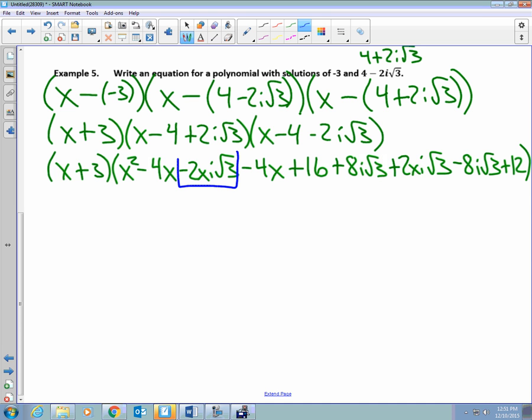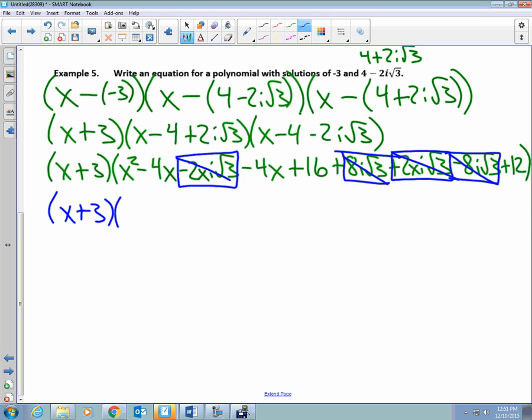So negative 2xi root 3 and positive 2xi root 3, they go away. 8i root 3 and negative 8i root 3 go away. Combine like terms: negative 4x and negative 4x is negative 8x, and positive 16 and positive 12, positive 28.